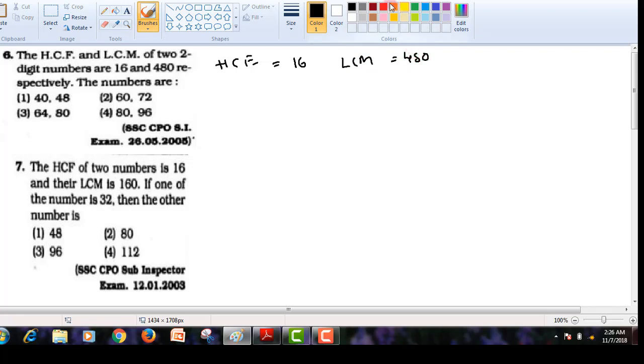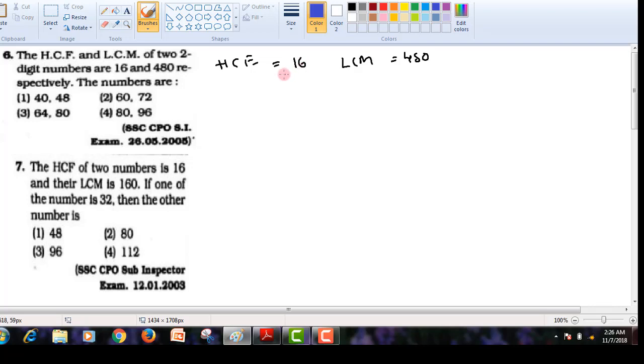Here you might have observed the difference between this question and the previous questions. In the previous questions, they gave the LCM, the HCF and one of the numbers, and asked us to find the other number. But in this case, they have given the LCM and HCF, they did not mention any one of the numbers, but they are asking for the two numbers.